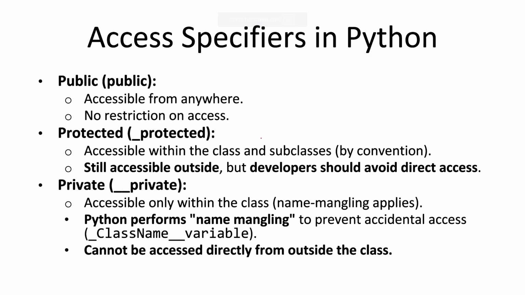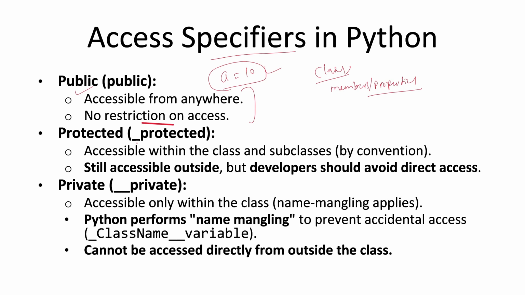Don't worry. So access specifier means inside my class we have some members or properties, and I want to maintain some security here. In case of the public specifier, I can use it anywhere. Any variable you define in Python, you can use it anywhere, no restriction.